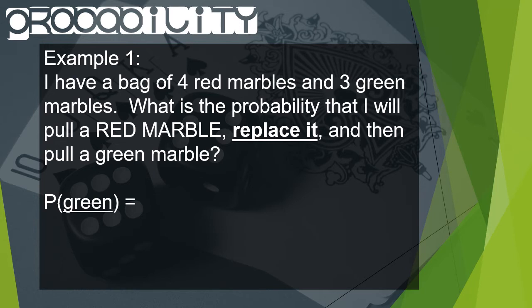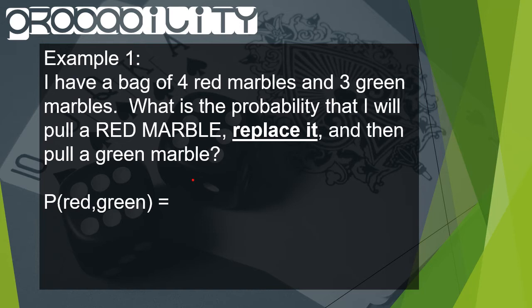The second event is pulling a green marble. The denominator is still 7 because I replaced the first marble, so there are still 7 in the bag, and 3 of them are green. Now we combine these 2 events.